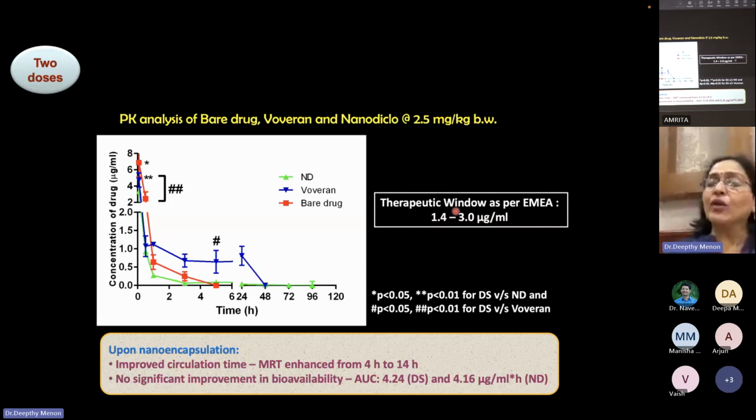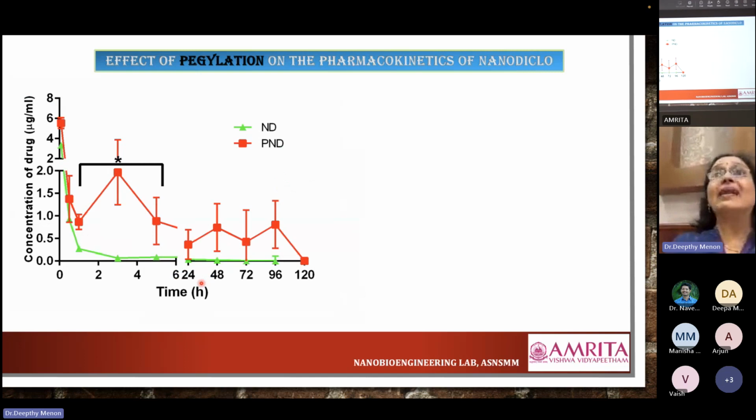That is, therapeutic window as per EMA standards is 1.4 to 3. And we are way below that, the green one. What did we do? We PEGylated. Now, all of you should know, PEG or polyethylene glycol is a molecule which is hydrophilic, which is neutral, which is biocompatible. And this is a material that can evade all protein absorption, and that can actually result in a higher circulation.